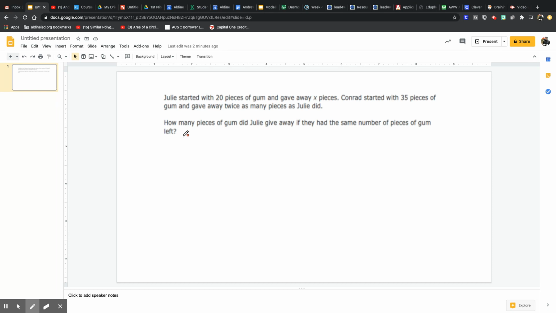Okay, so in order to solve this problem, we need to set up and solve an equation. The main thing here is we need to understand what this question is asking us, and then what type of information it's given us. If I look at the question, it says, how many pieces of gum did Julie give away if they had the same number of pieces of gum?